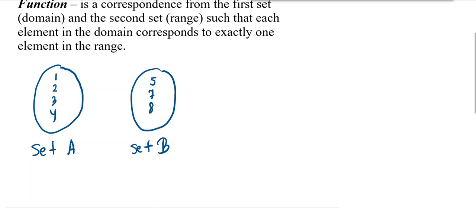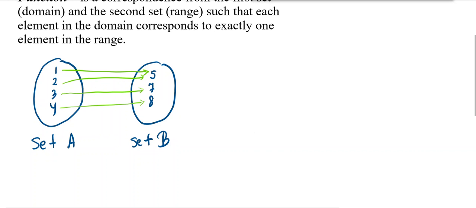Okay, so assuming that we have a correspondence from 1 to 5, the relation is defined this way. And 2 corresponds to 5. Now 3 corresponds to 7 and 4 corresponds to 8. So that's how the relation goes.